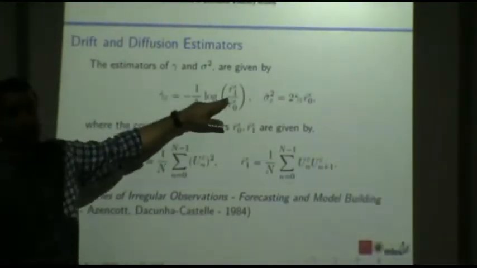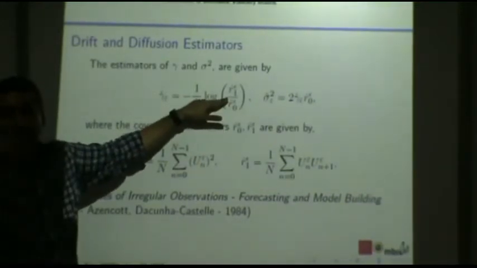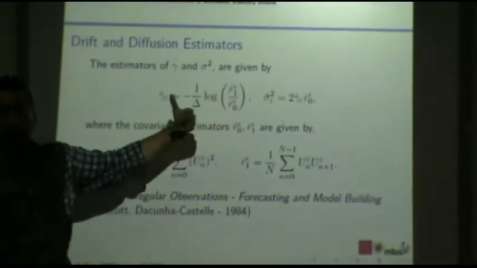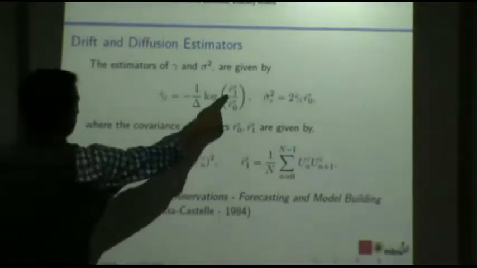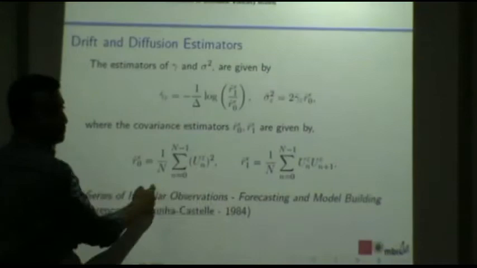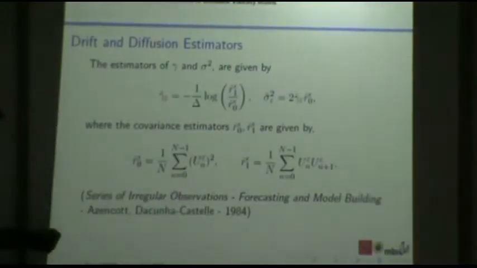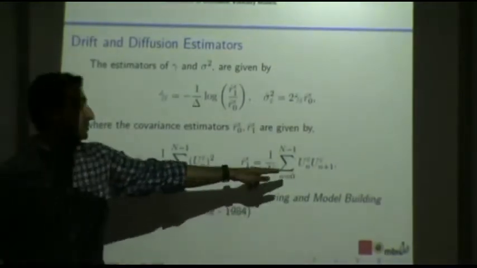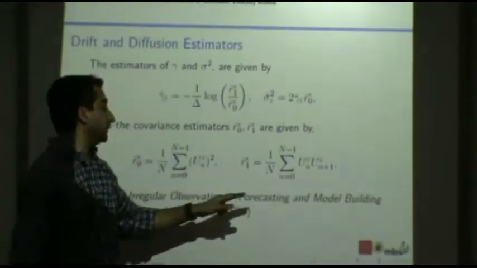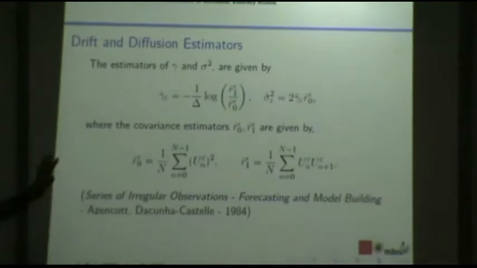So R1 is the covariance at lag delta, and R0 is nothing but the variance estimate, the sample variance and the sample covariance, represented by these two expressions here. R1 is just the covariance estimated from the data at lag delta.